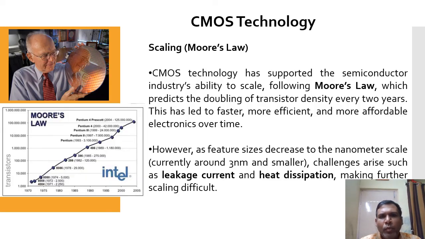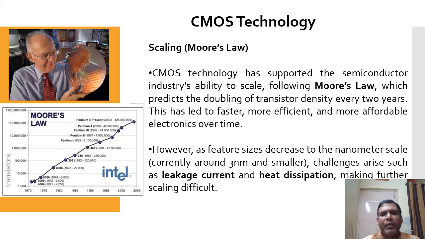Gordon Moore is one of the eminent scientists, and he is the co-founder of Intel Corporation. He founded Intel Corporation in 1970s, and he first introduced the microprocessor, the 4004. After that 8008 came, then 8080, then 8086.